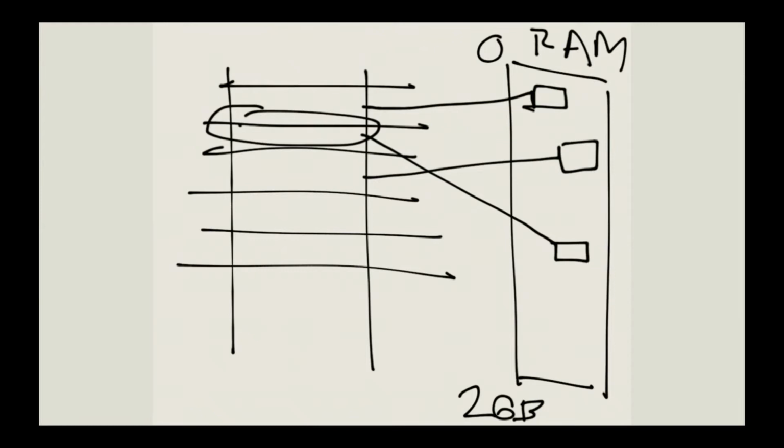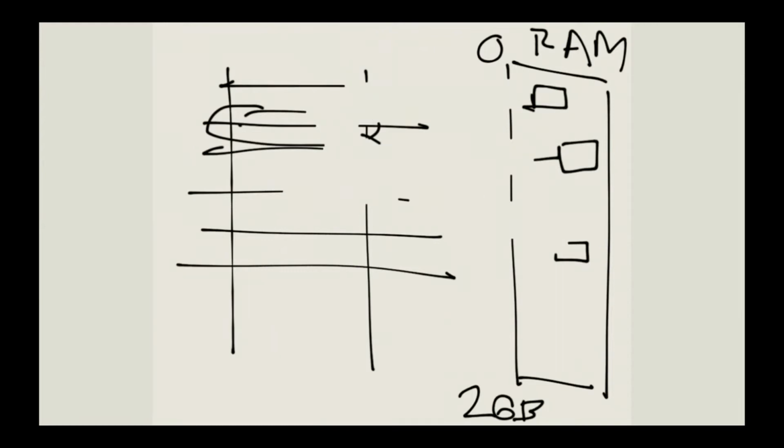And then when the process ends, these mappings get erased, and then it's free to use these little blocks for other things. More questions?